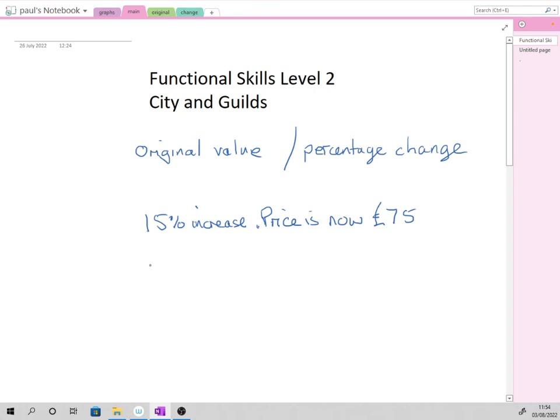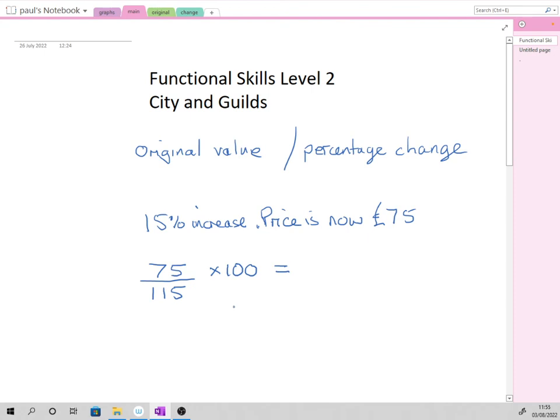So we take the 75 and we divide it by 115, the 100% for the original and the 15 for the increase, and just multiply that by 100, and that will give us the answer. So what we're doing is dividing 75 by 115, which really tells us the value of 1%. Then you multiply that by 100 and it tells you what the original price is, the 100%.